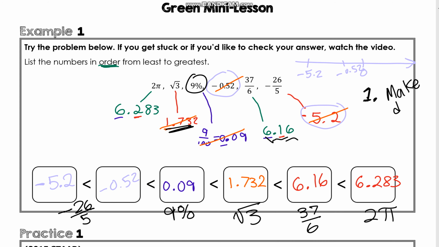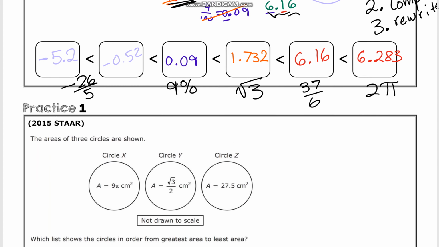The next step is to go to whole numbers and compare digits. And then what was the last thing that we did that took forever? Writing down the real answers. Rewriting them. All right, you are ready to try an actual star problem.